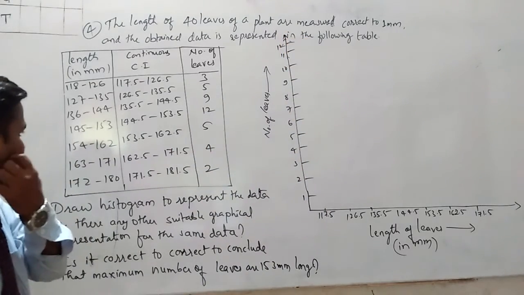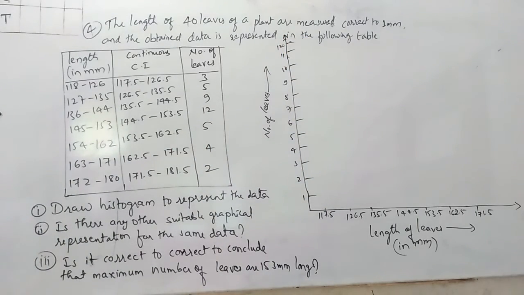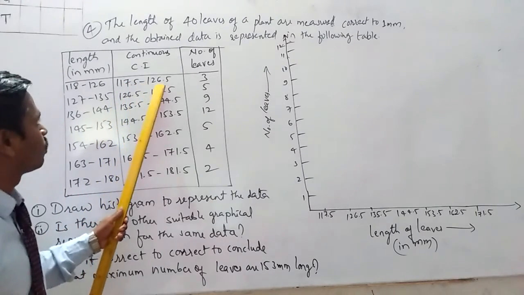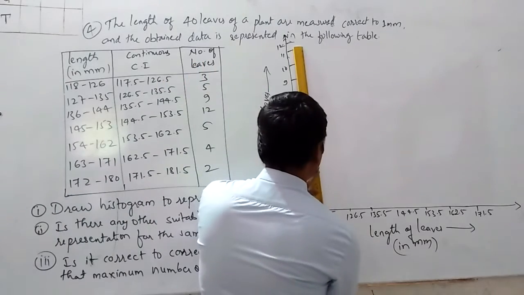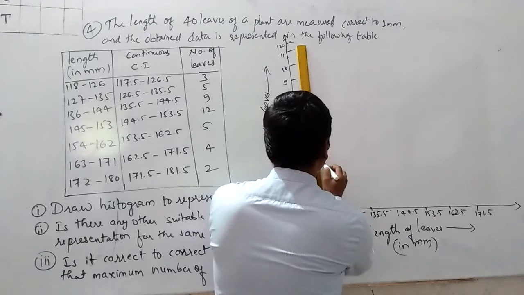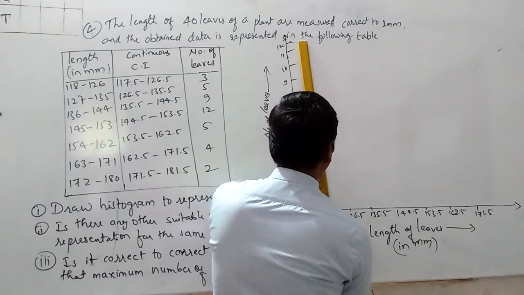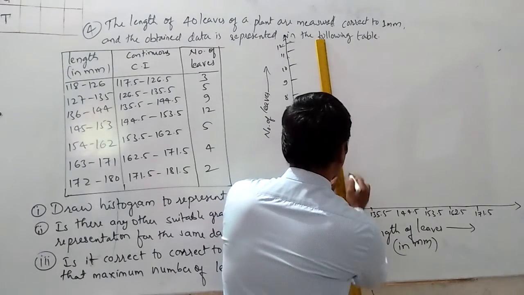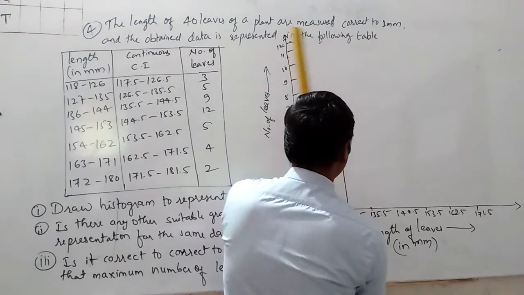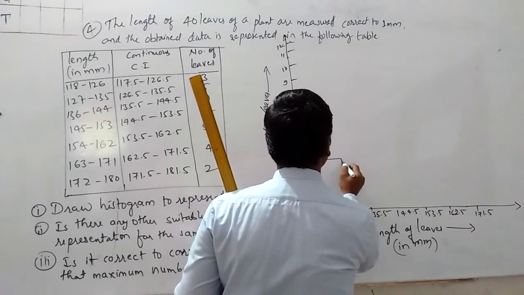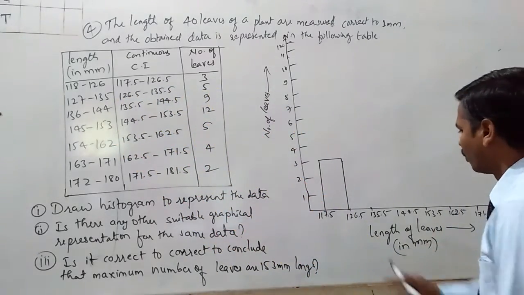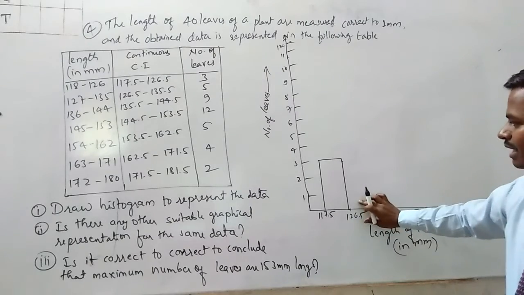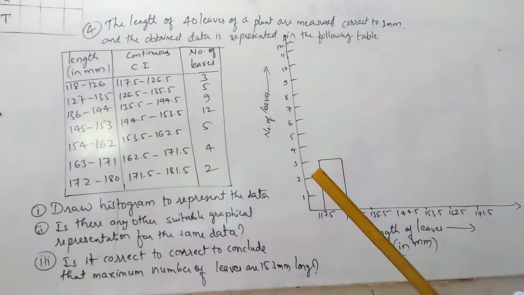Now, what is the first one? From 117.5 to 126.5, the number of leaves is exactly 3. From 126.5 to 135.5, the number of leaves is 5. In a histogram, the data is represented continuously.